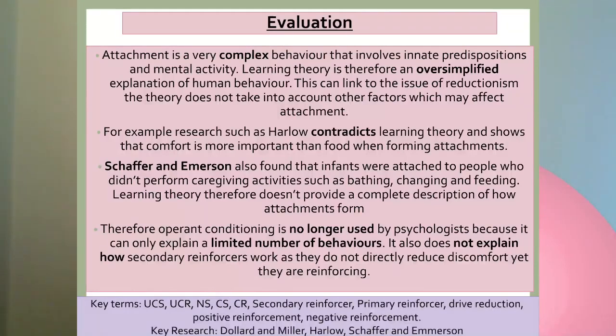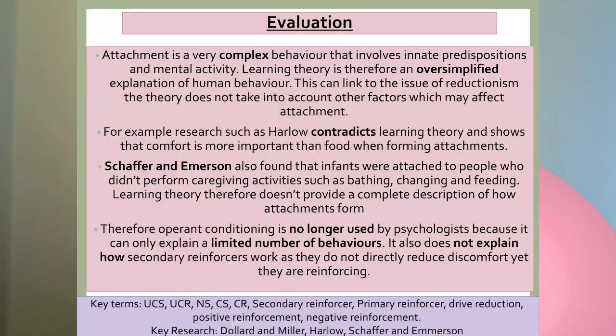And then we've got two pieces of opposing research. We've got Harlow and Schaffer and Emerson. So Harlow actually goes against a lot of learning theory, because learning theory is based on food being the main source of comfort, when actually you don't necessarily need food, because the monkey spent more time with the comfort wire monkey than the one that provided food.